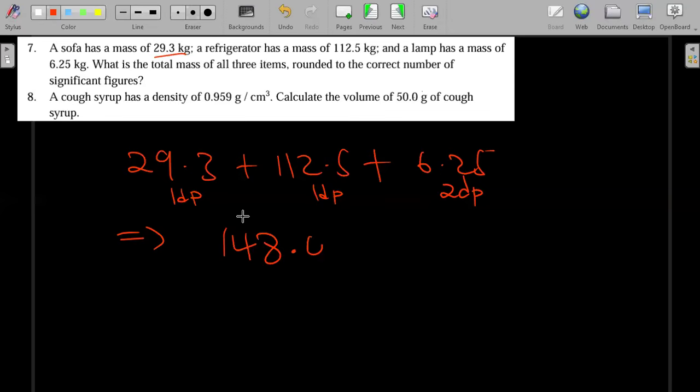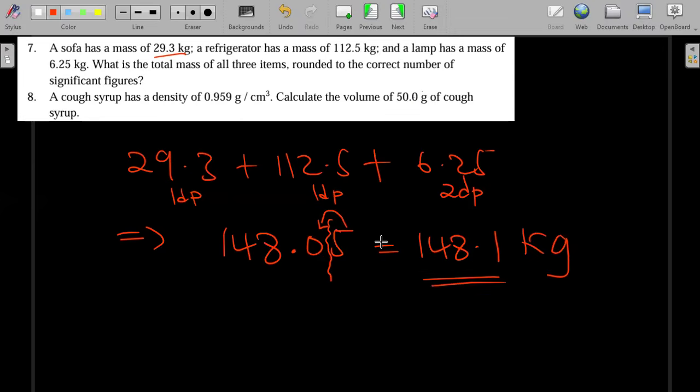This number has 2 decimal places, so we have to round off so that we have only 1 decimal place. We round off from here, so this 5 rounds the 0 up. We are going to get 148.1 kg. So this here will be our final answer, rounded off to the correct number of significant figures.